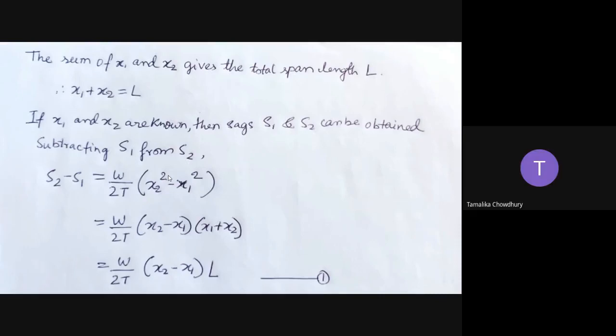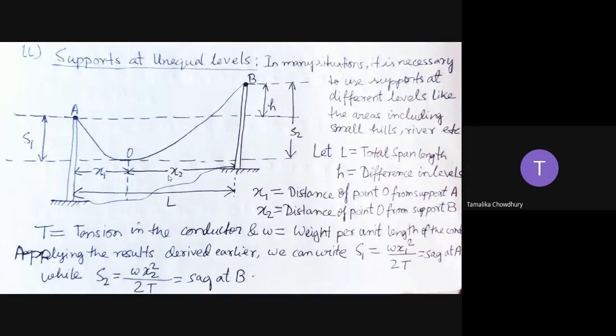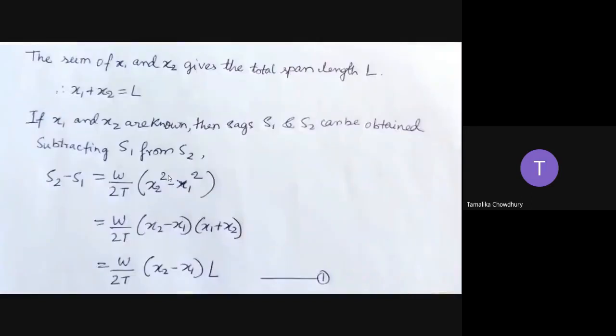Listen carefully. So this is the difference S2 minus S1 that we are subtracting using these two formulas of S1 and S2. It is simple, just the formula a square minus b square, that is a plus b multiplied by a minus b. Only that we are putting here.